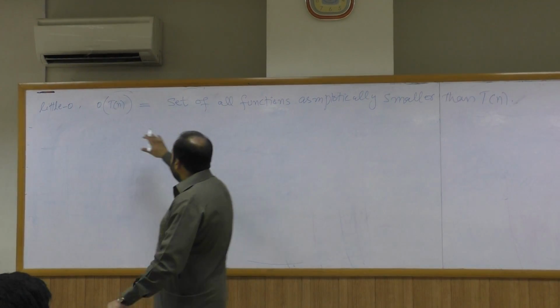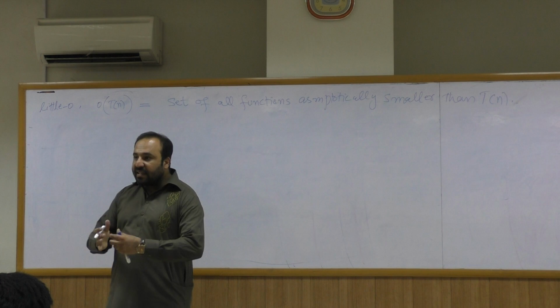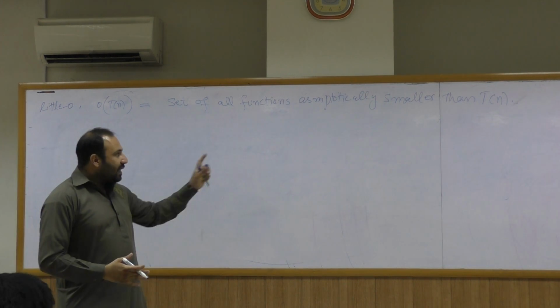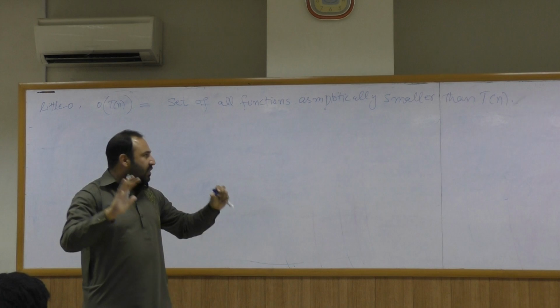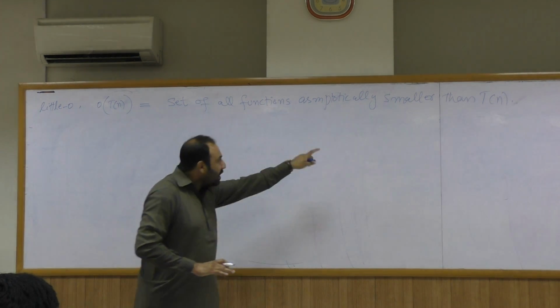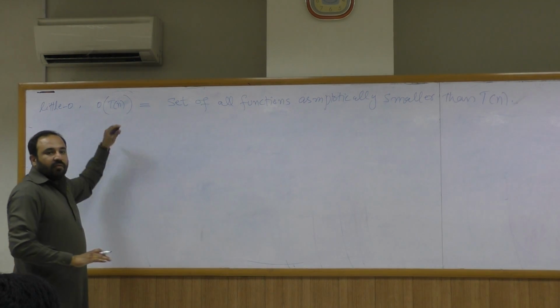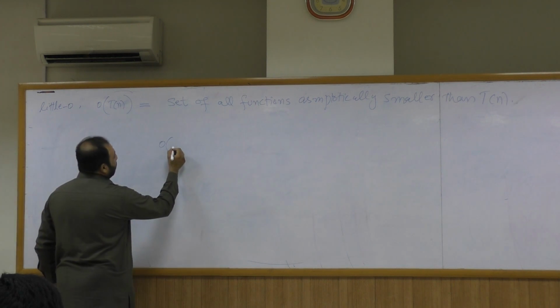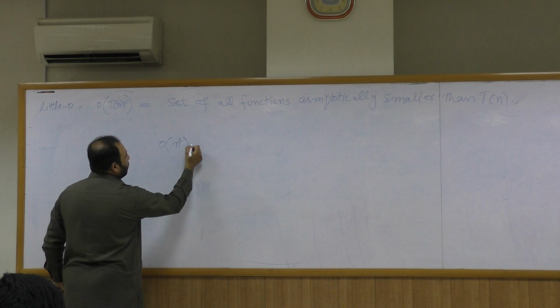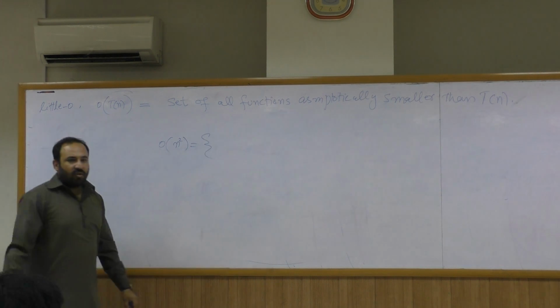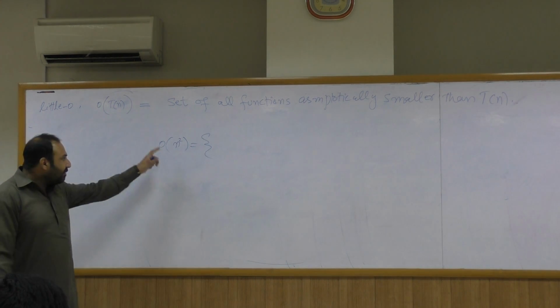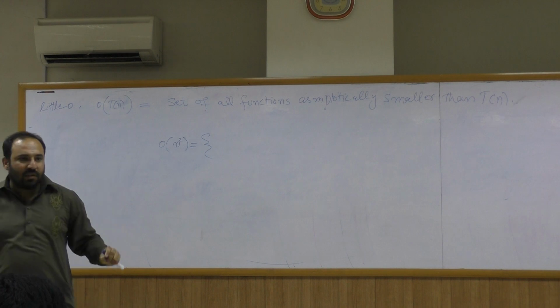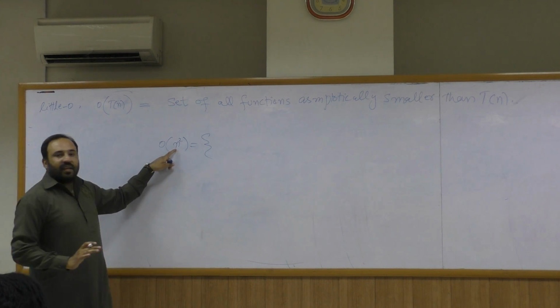Little o of g of n is basically a set. That set consists of all the functions that are asymptotically smaller than this function. For example, little o of n squared. This will be a set, obviously. But this set will contain all possible functions in the world that are asymptotically smaller than n squared.